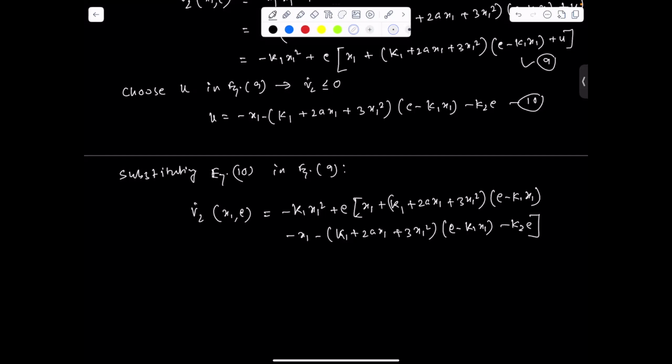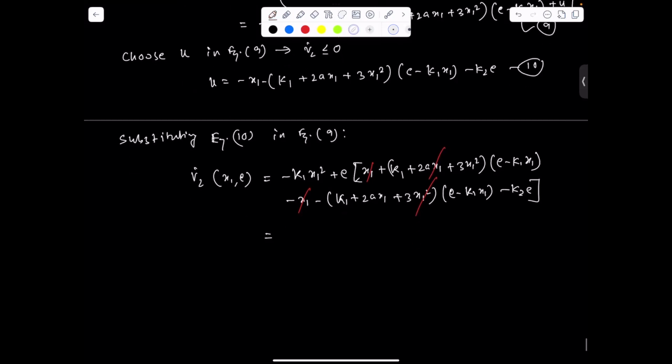So here this term cancels out, and this term cancels out. So we can write from this minus k1 x1 square minus k2 e square.